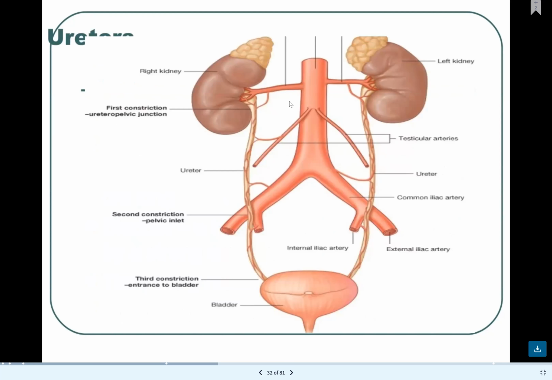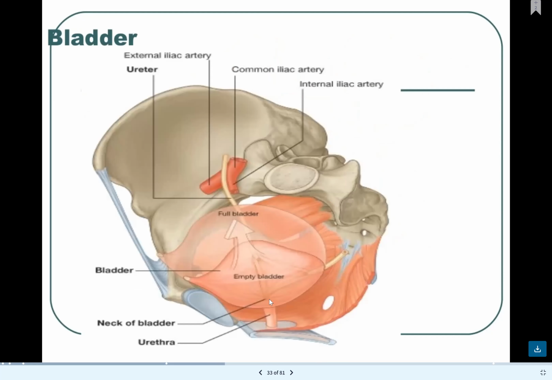The kidney is a bit above. So we don't see the kidneys in the pelvic cavity. However, the kidney is a retroperitoneal organ. So we say the urethra, the bladder. This part, all down, is what we can see in the pelvic cavity.